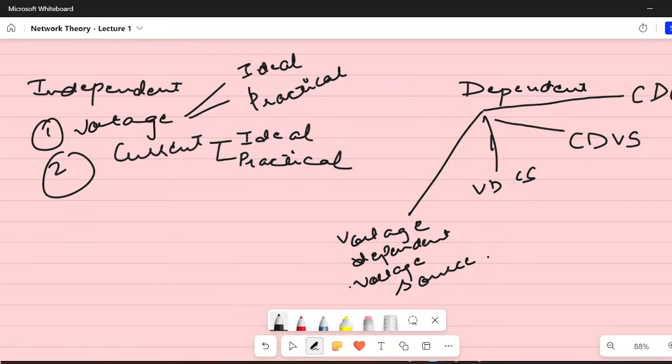Just hear it for the sake of knowing. You should know there are four kinds of dependent energy sources.